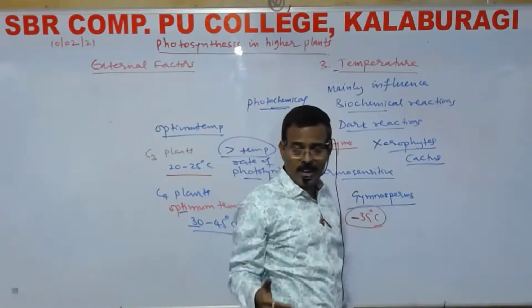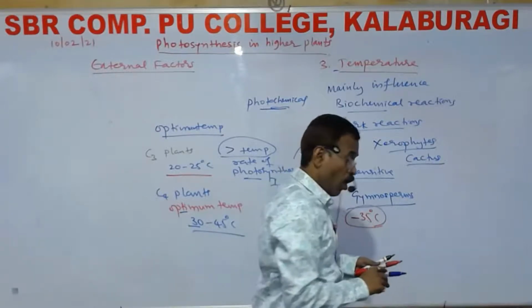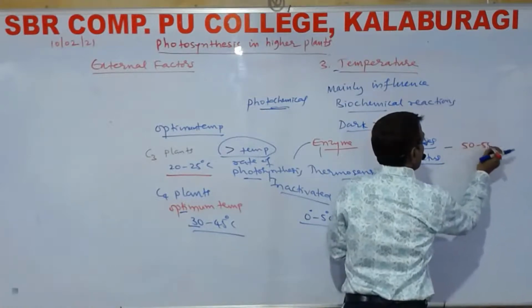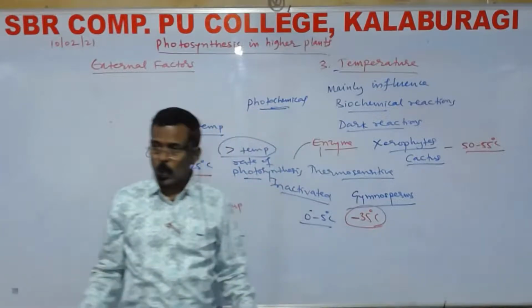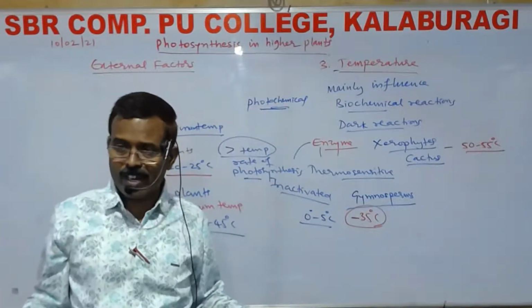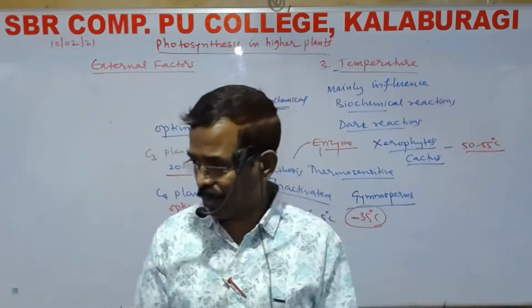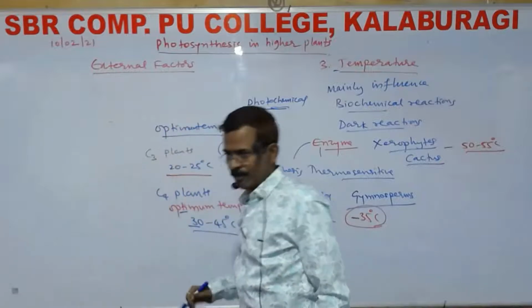So, Opuntia, cactus, these are xerophytes, they can perform photosynthesis even at 50 to 55 degrees centigrade. Remember, the plants living in different habitats are well adapted to carry out photosynthesis at different temperatures. But this is the normal range which I have given.